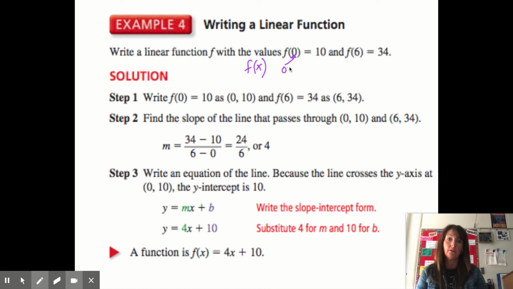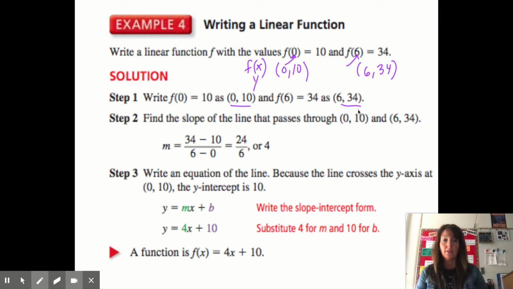So this is our x coordinate, and the result of which the whole thing is representative of what our y is equal to. So we have this ordered pair, 0, 10, and we have f of 6 is equal to 34, this ordered pair, 6 and 34. So here's your two ordered pairs.